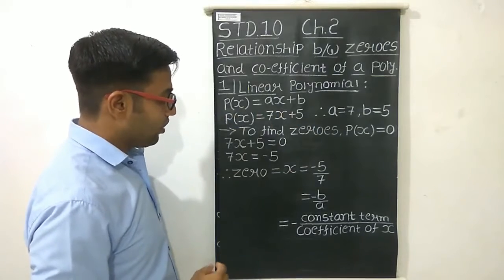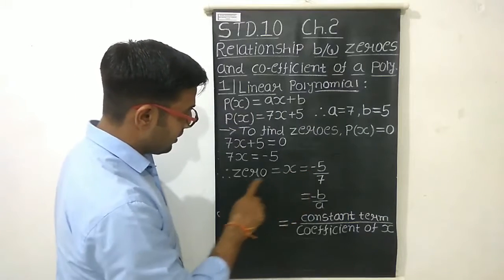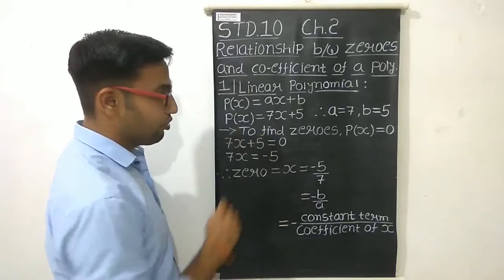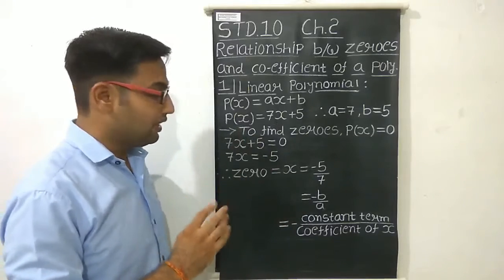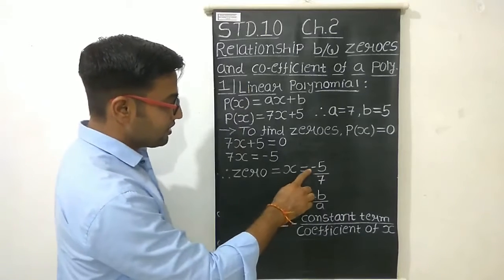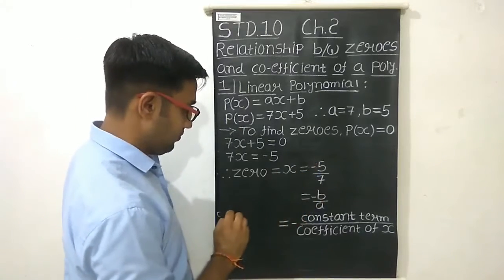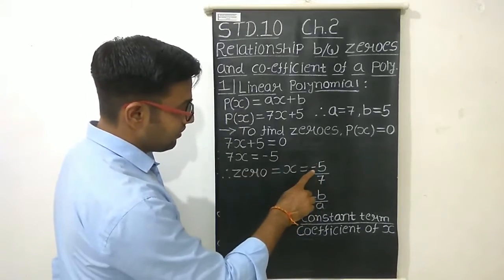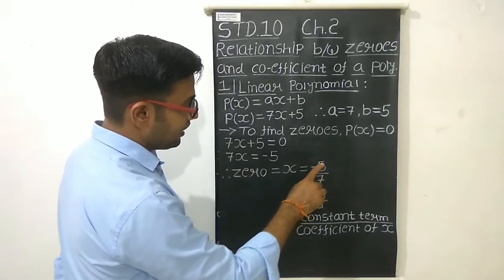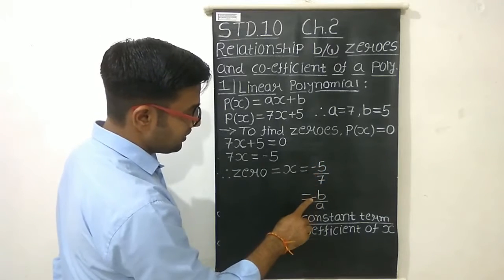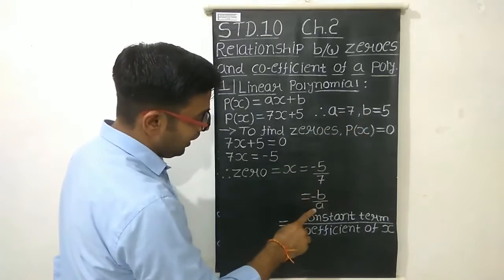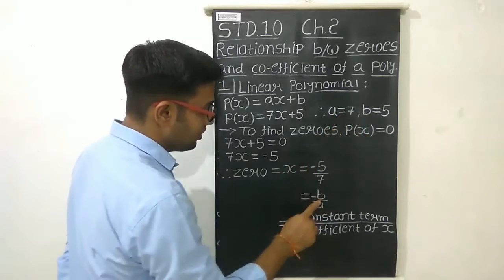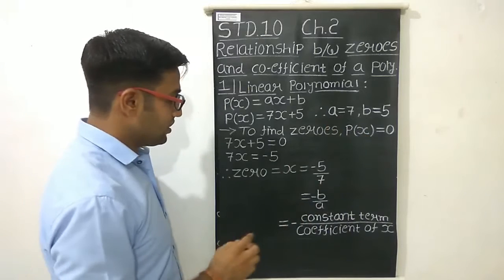Now this is one of the zeros of the linear polynomial, and we know that a linear polynomial has at most one zero, right? Now what is this? Minus 5. And what is 7? Minus remains as it is. Instead of 5 we can write b, and instead of 7 we can write a. So what is the relation?